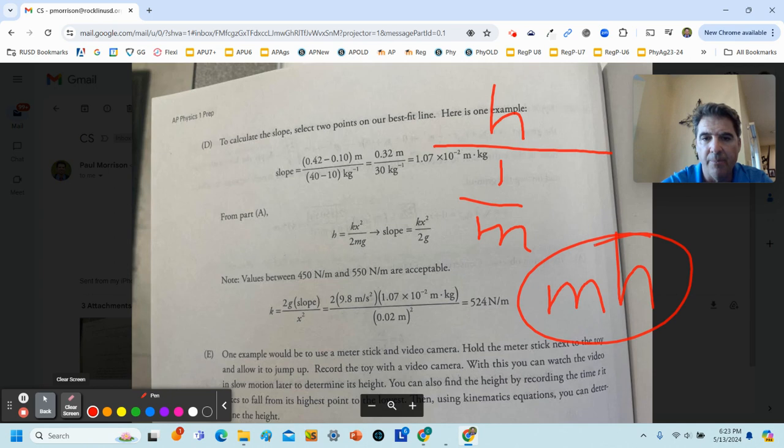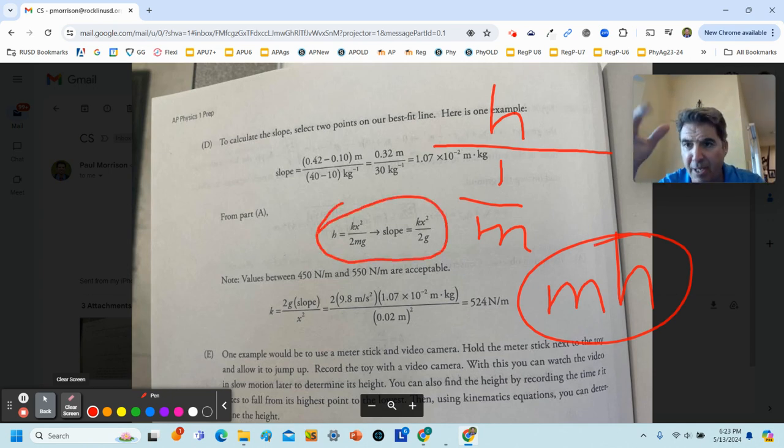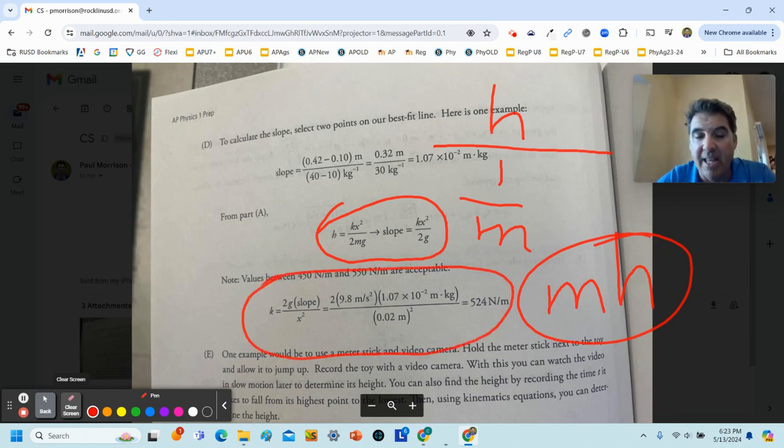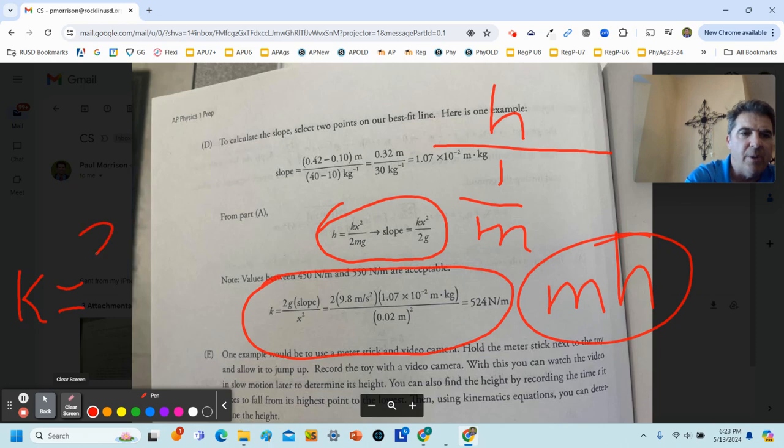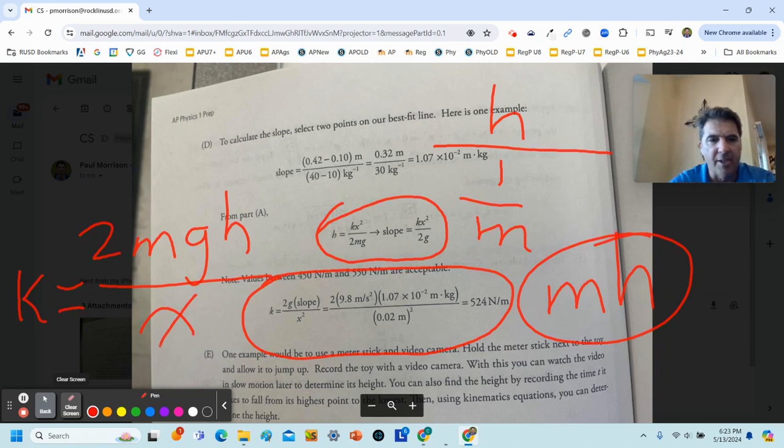So this right here, it gets confusing what they did because they just skipped this idea that slope is mh. And then what is this, right? That thing literally is what we already said. We said k equals 2mgh over x squared, right? And then if you look at it, x squared, which is this thing here.